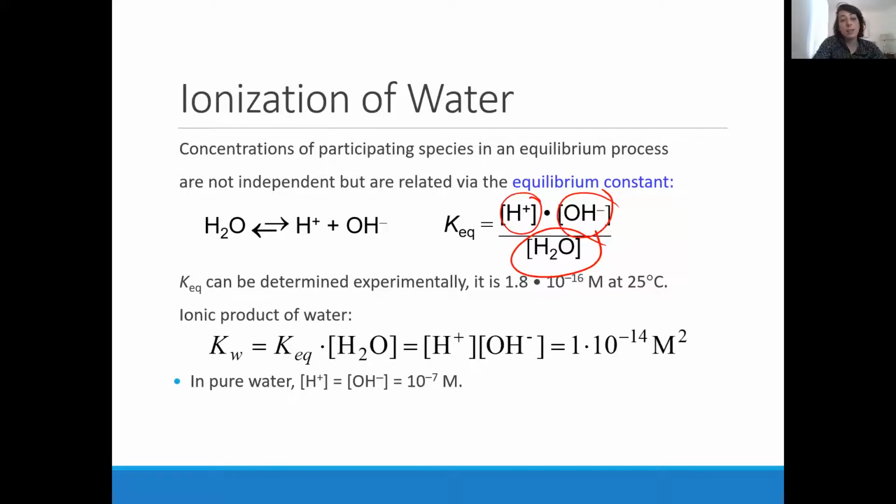Now, there is another description of water that is more focused on understanding the products within water. So if we're interested in just knowing how much concentration of water is the proton and the hydroxide, so this is kind of looking at the general state of the water in its dissociated products, we can use something called Kw.